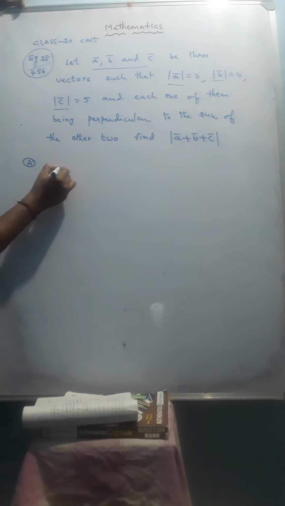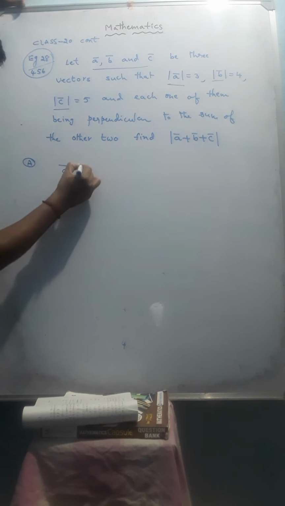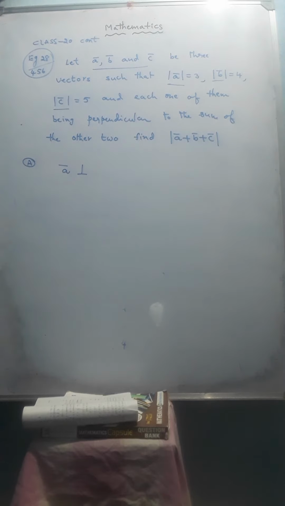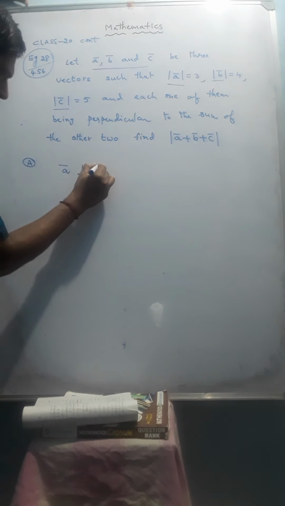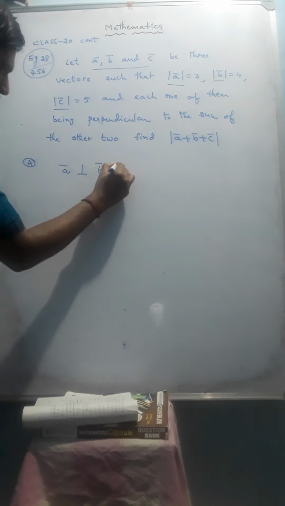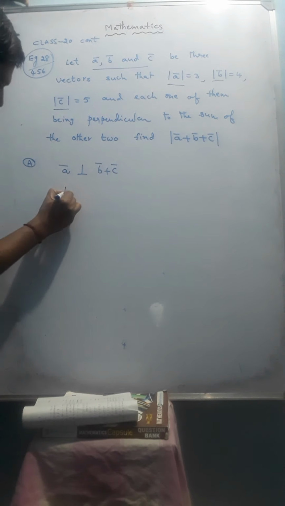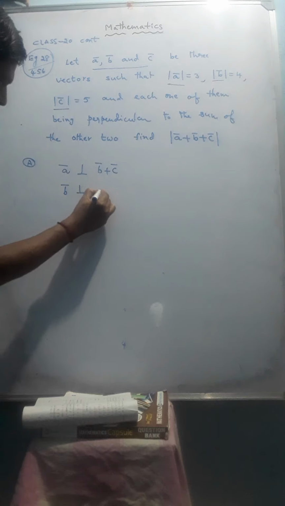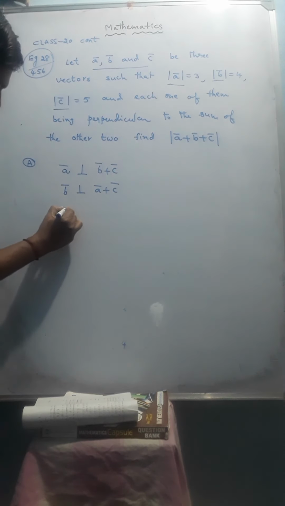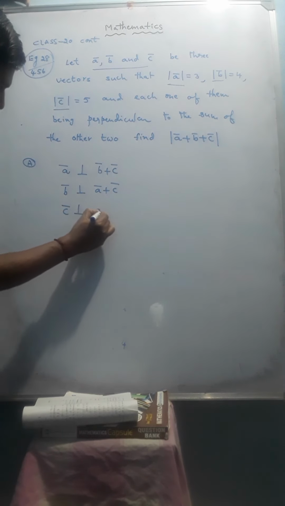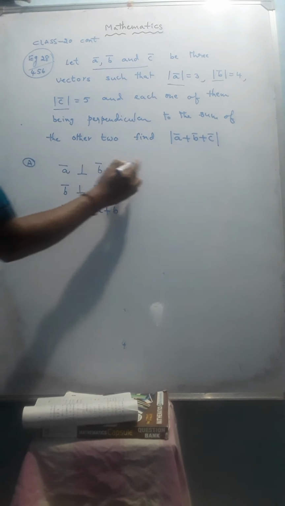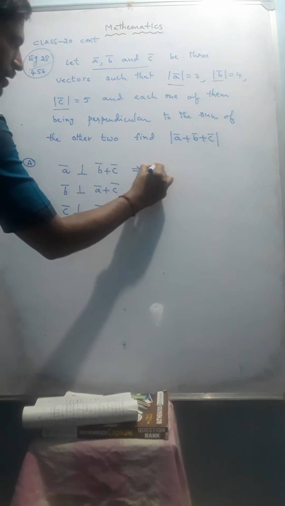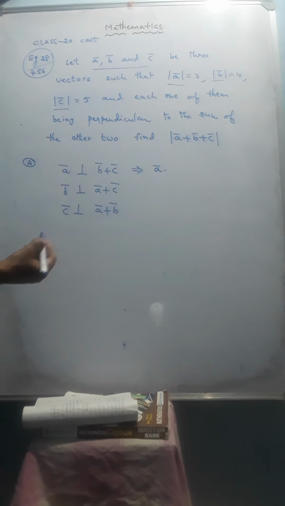Suppose you take A vector, that vector is perpendicular to the sum of the remaining two, that means B vector plus C vector. So B vector is perpendicular to A vector plus C vector. C vector is perpendicular to A vector plus B vector. So if two vectors are perpendicular, that implies their dot product value is equal to 0.